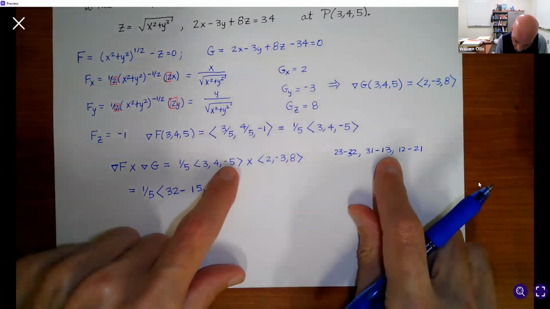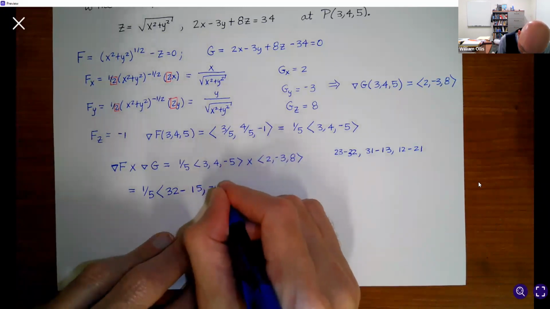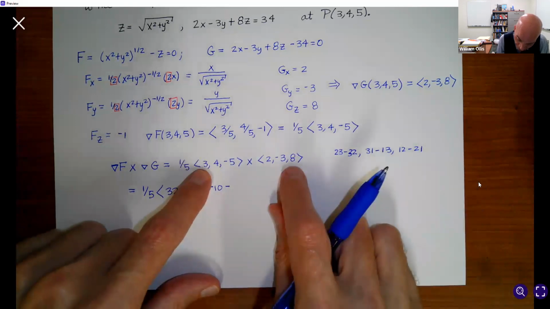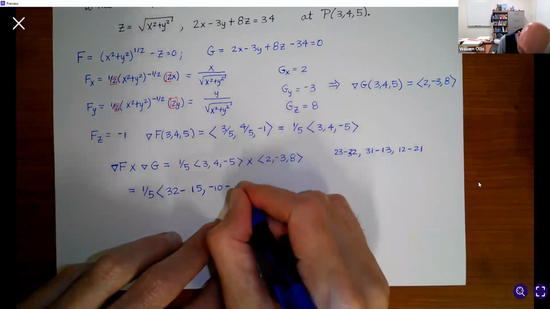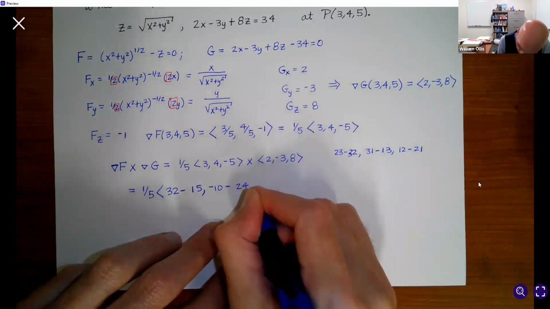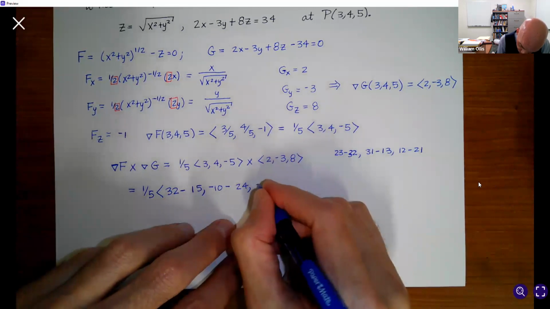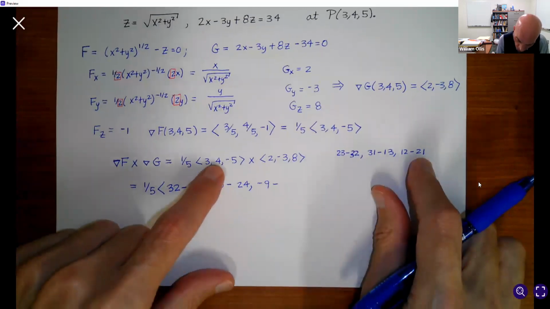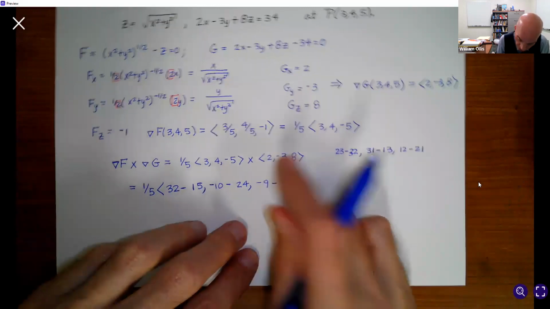Now 3, 1, a -10, minus, and then 1, 3. So we get, in this case, a 24. Now 1, 2, 1, 2 is a -9, minus 2, 1. So again, 2, 1, we have an 8, so subtract 8.